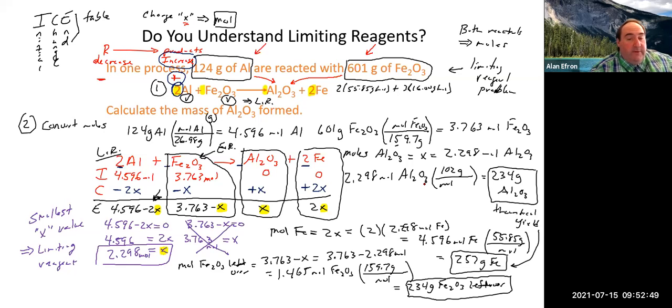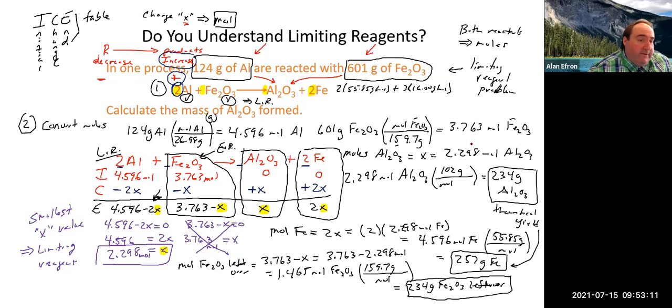The other one would produce more than 234 grams. In that method of determining limiting reagents, you would look at the one that produced a smaller amount, and that would be the aluminum in this case. And that 234 grams would be your theoretical yield, and aluminum would be your limiting reagent.